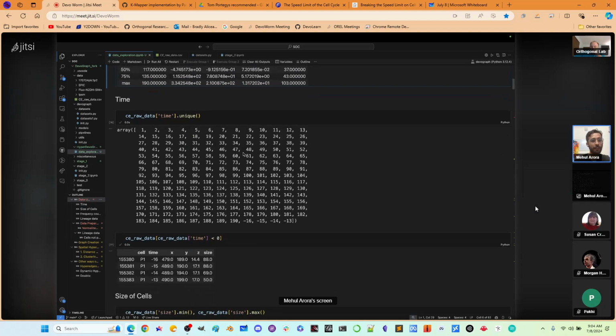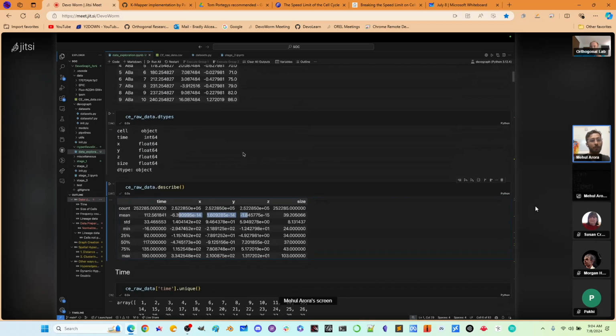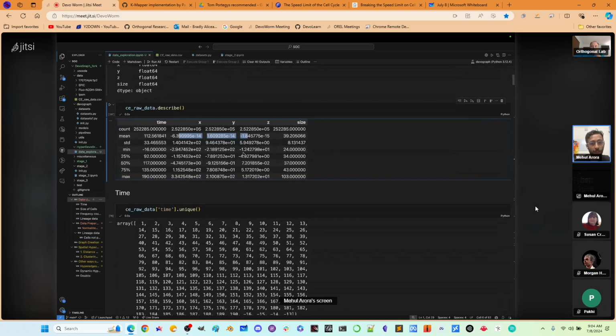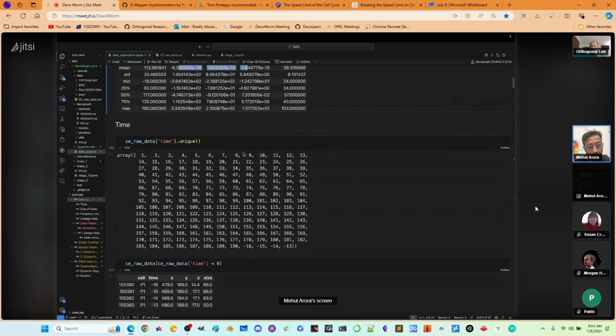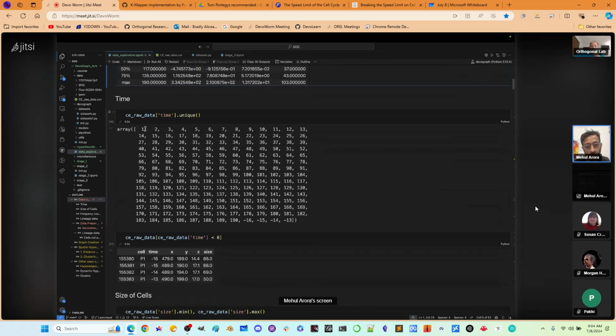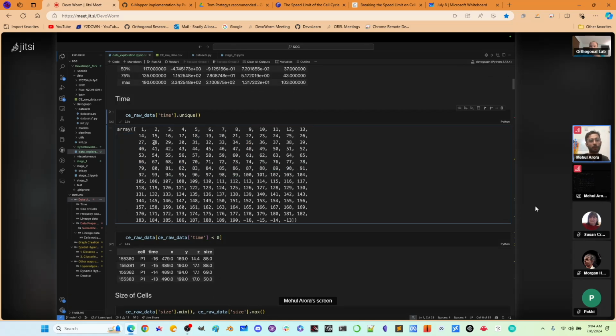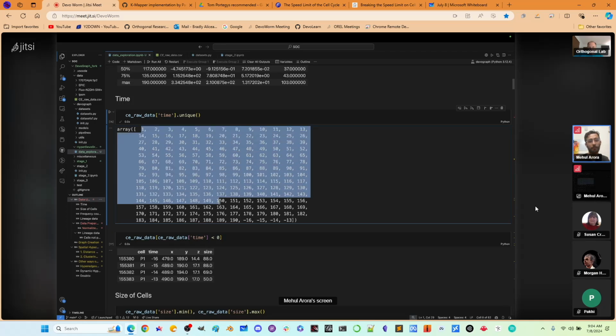Then we had one interesting time column, so I wanted to see what the time column looks like. We have time from 1 to 190, and this is contiguous data. I think some are missing. Actually, nothing is missing from 1 to 190. I saw something missing in between, but right now I'm not able to see it. I hope it's continuous, and probably you can confirm from 1 to 190 time points.